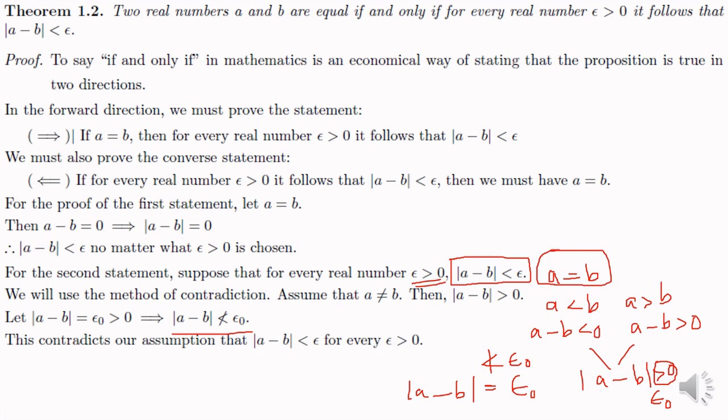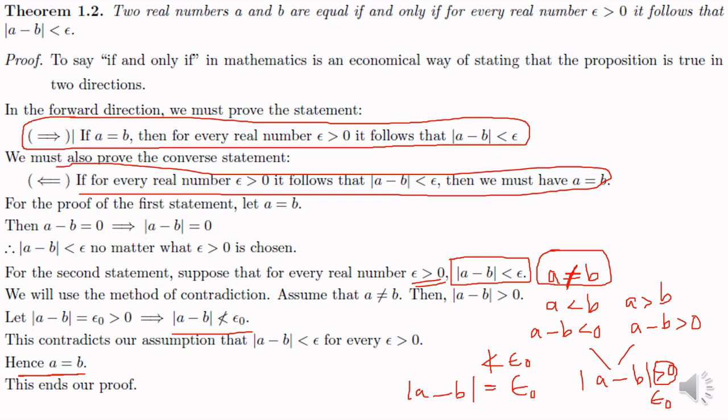This contradiction arises because of our wrong assumption that A not equal to B. So from here we can conclude that A equal to B, which proves the second part of the proof. So this ends the proof of our theorem.